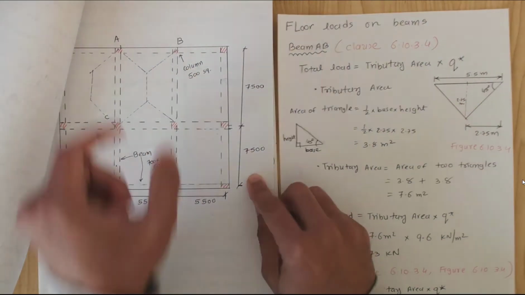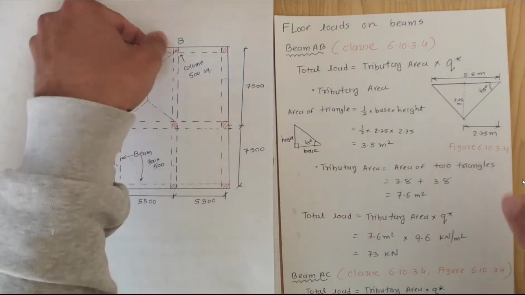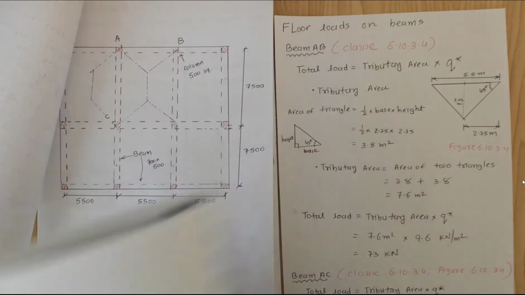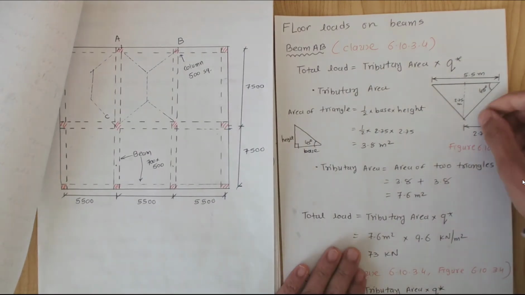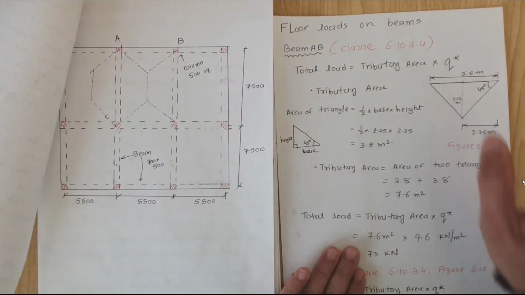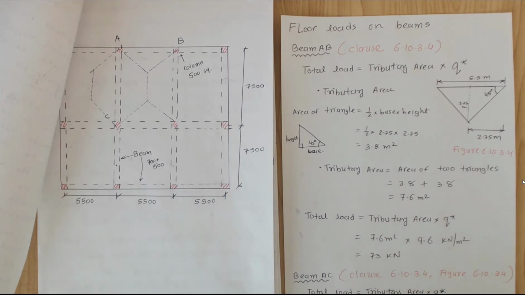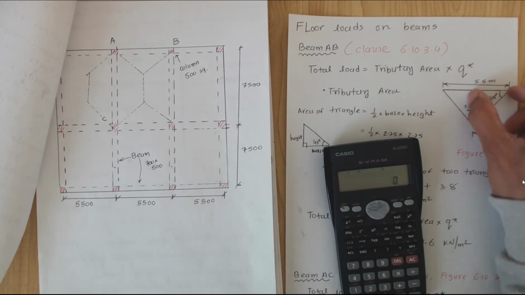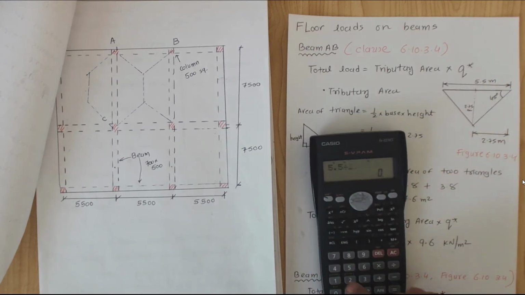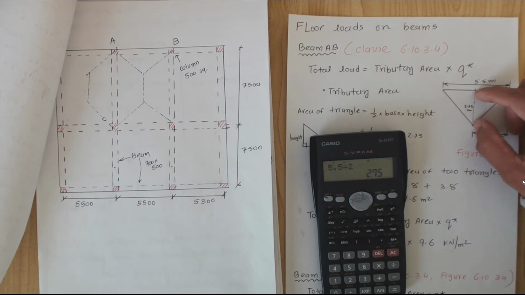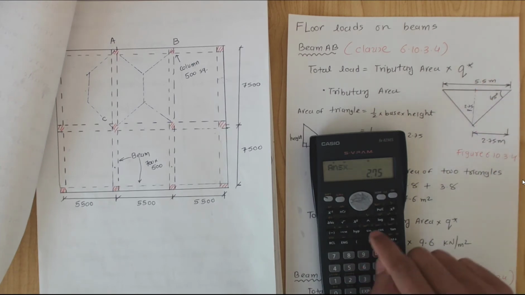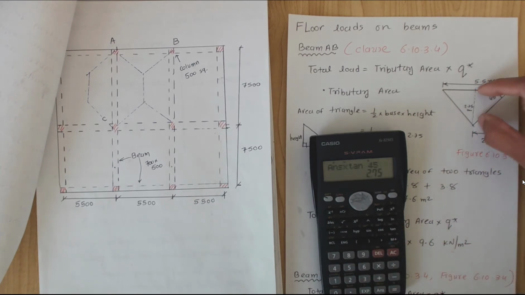So 5.5 here, and 45 degrees here, that is coming from the standard figures. If you take this 5.5 divided by 2, you get 2.75 here. Now for similar triangles, if you want to calculate this height, 2.75 times tan 45 gives me 2.75 height.